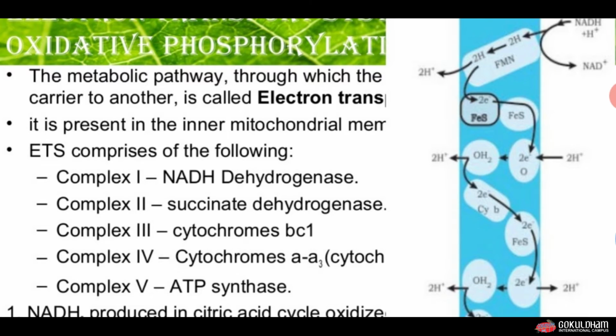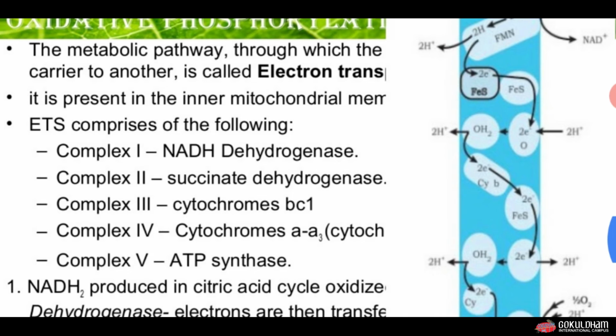First complex is NADH dehydrogenase, second complex is succinate dehydrogenase, third complex is cytochrome BC1, fourth complex is cytochrome AA3, and the last complex, complex 5, is made up of ATP synthase. So these are the complexes present in the electron transport system.